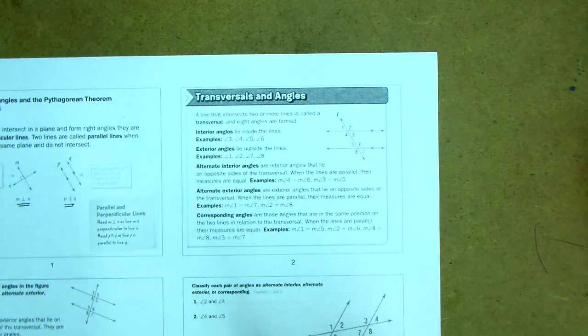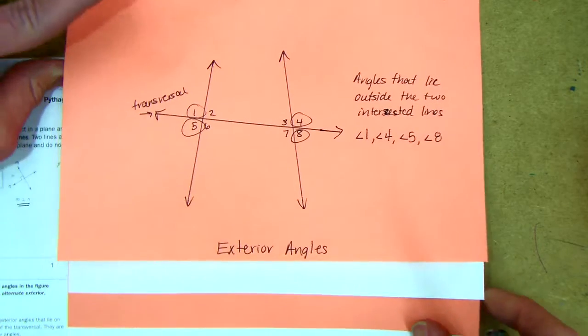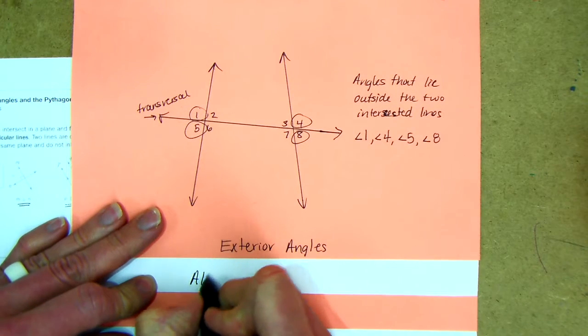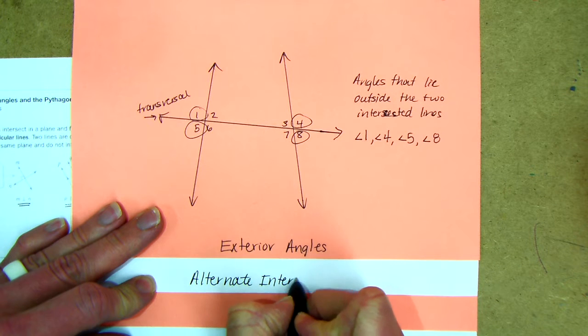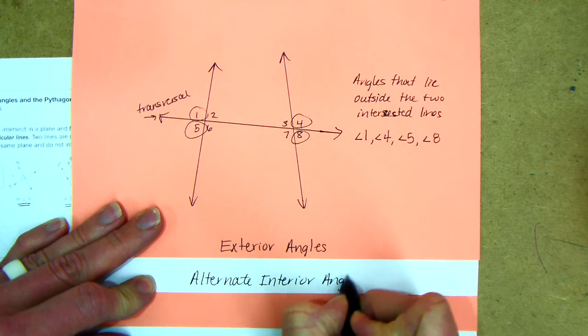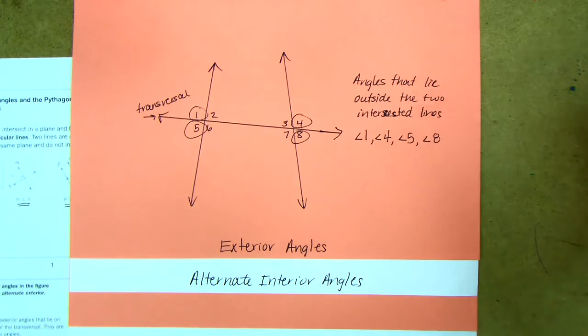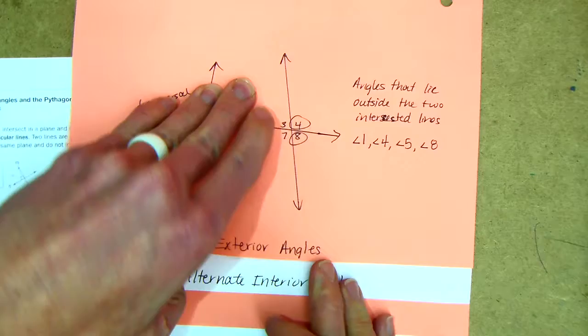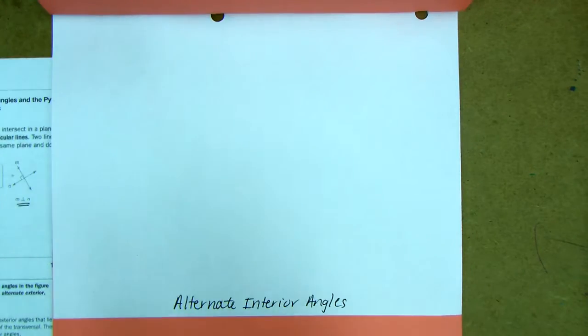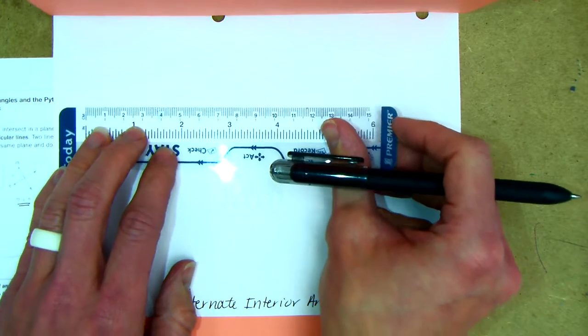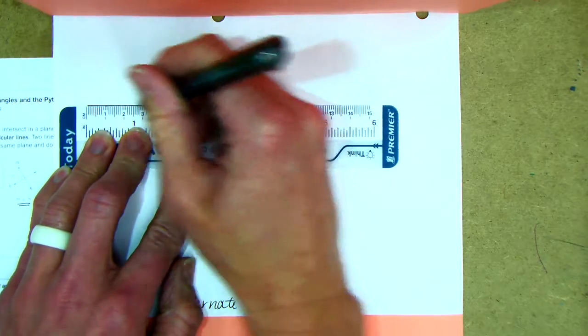All right, besides that, here comes our angle pair, our alternate interior angles. So on the next tab, we have alternate interior angles. Now again, in this case, I'm going to draw two parallel lines. I'm going to draw them as parallel as I can. It's pretty tough to do when you're just eyeballing it.